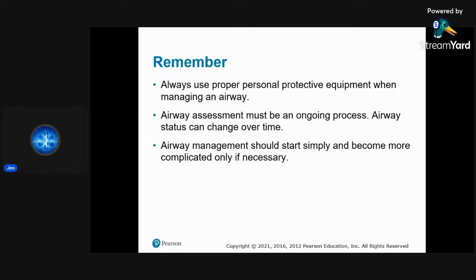Status can change over time very quickly, so we have to constantly be assessing the airway. Anytime we've got to manage an airway, we should start simple with just the maneuvers, and then progressively get more complicated if necessary. So we do the head tilt chin lift and an adjunct, and eventually, if the adjuncts are failing or a long transport, we may go to a BIAD device like an i-gel.